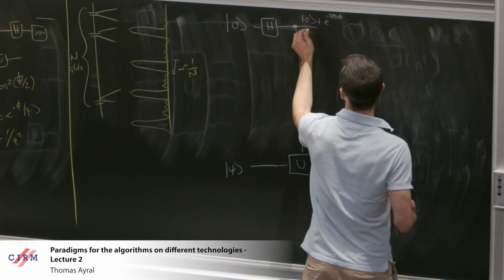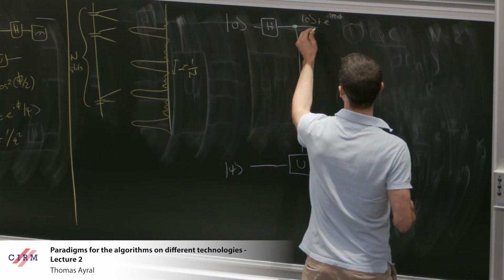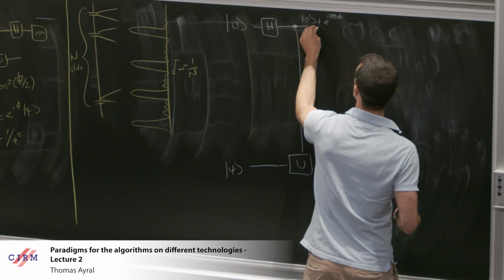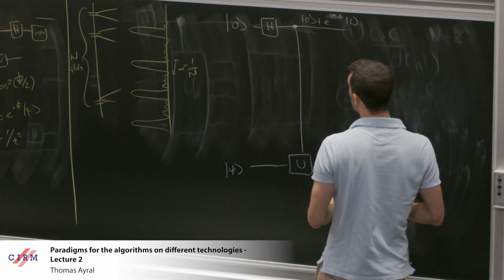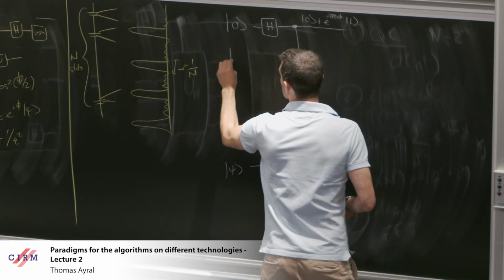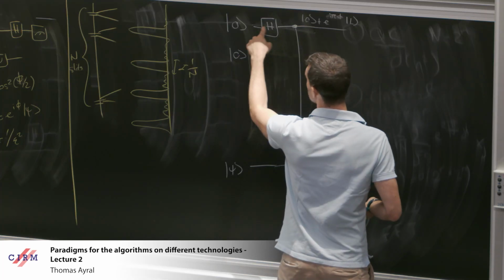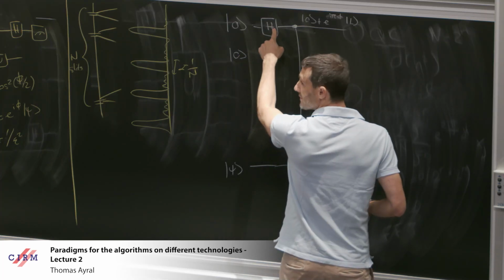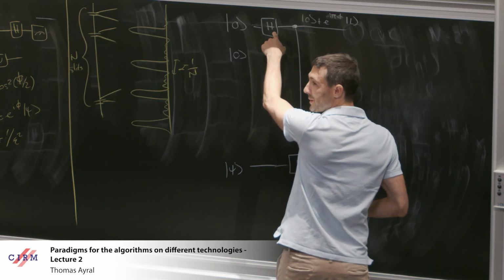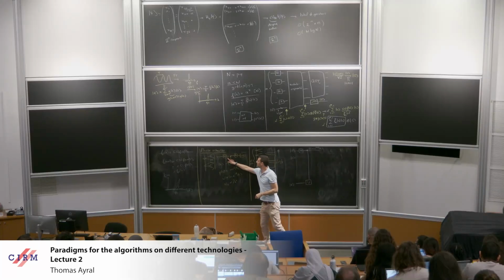So this is the dephasing that I create here. And now I want to have a second slit. I mean, actually, there's 2 slits. That's 1 slit. That's 2 slits, right? One Hadamard gate is 2 slits, you remember? You have 2 slits because I have 2 rays here.